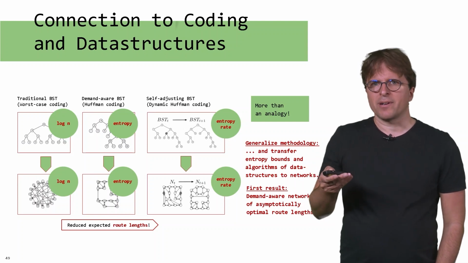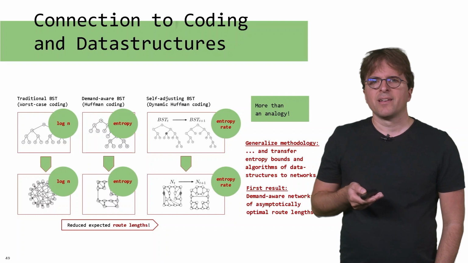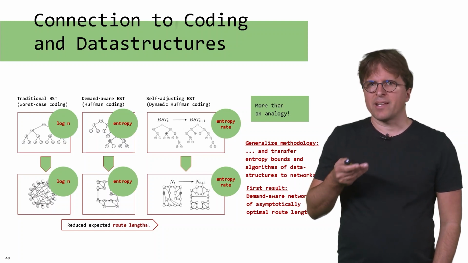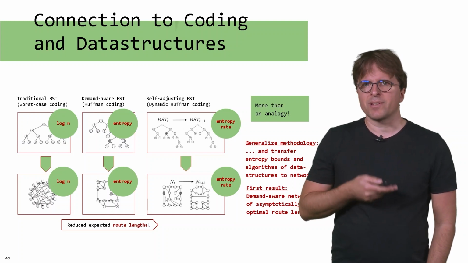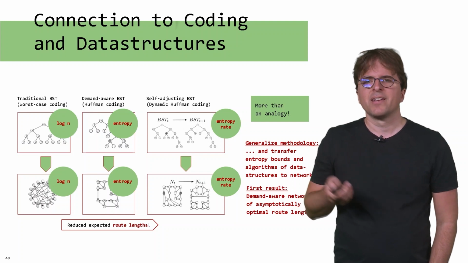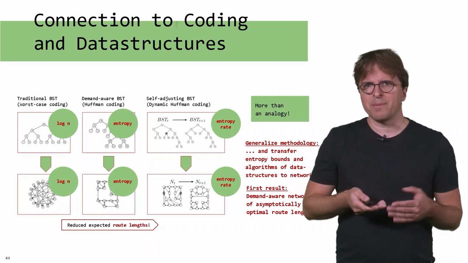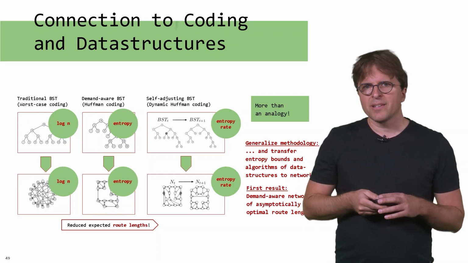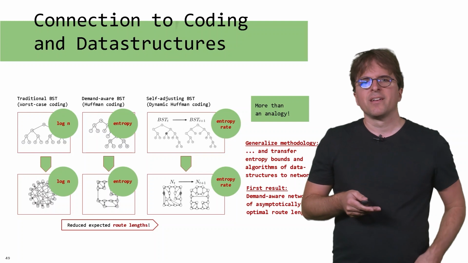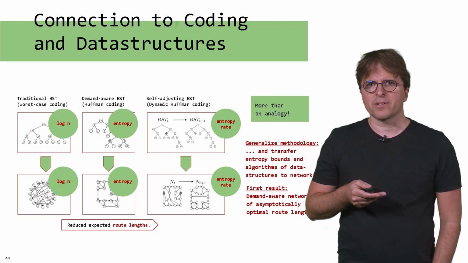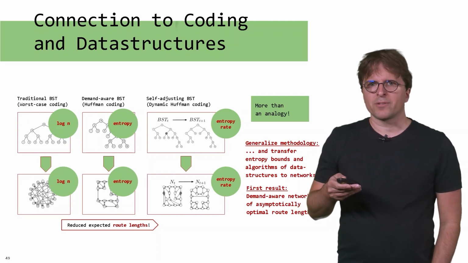If you have a demand-aware binary search tree, then the access cost is proportional to the entropy. And if you make it dynamic, you may even want to achieve something like the entropy rate over time. So this is a metric that could be used for a dynamic setting. And very similarly, as we will see in the next lecture, we could also have similar bounds in the context of demand-aware networks. So the more we go to the right, the better and better is the route length.